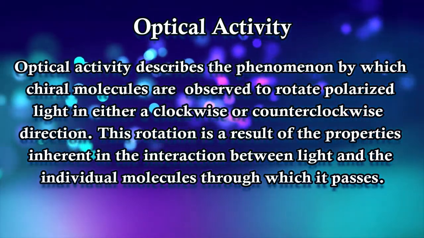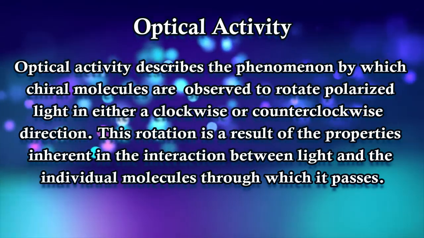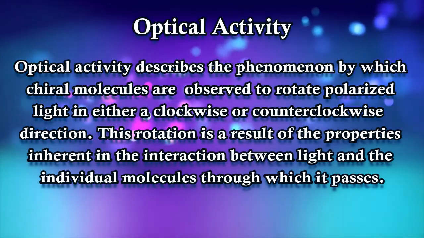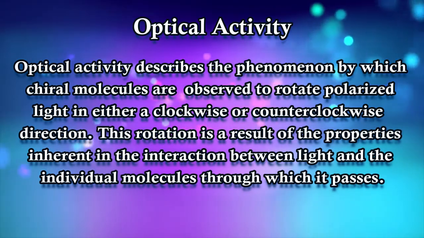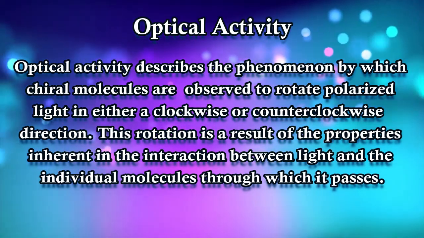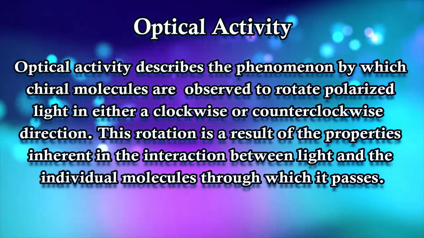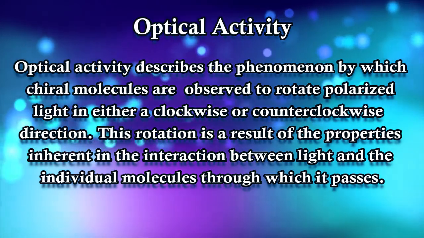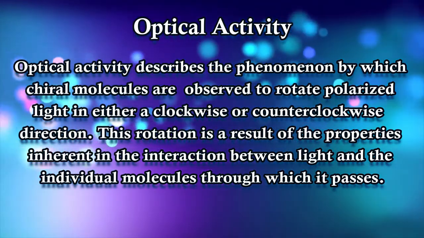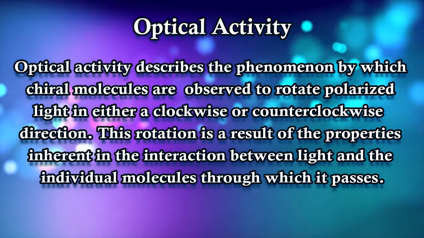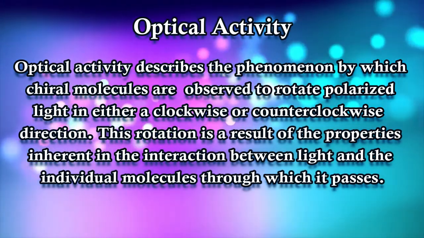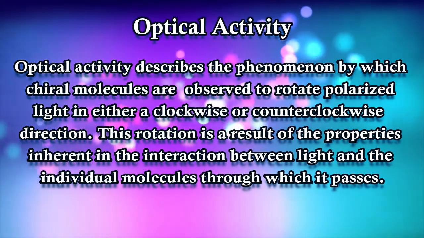Okay, now what will happen? Certain molecules, basically chiral molecules, have a particular property that they can rotate this plane polarized light whenever the light passes through them. Now this rotation can be either in the plus direction, that is clockwise direction, or in the minus direction, that is the anti-clockwise direction, right? This can be in two ways.